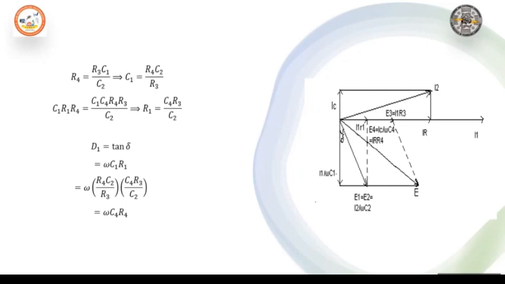Thus, if the resistance R4 is fixed, then the dial of capacitor C4 can be directly calibrated to give dissipation factor D, that is, the quality of the capacitor. As the term omega is present in the equation, the calibration of the C4 dial holds good for only one particular frequency.